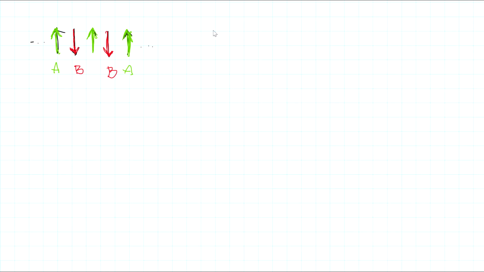So basically, our A only interacts with B. A does not interact with another A. Let me draw A. So there is no interaction with A. There is interaction with B, B with A, and so on. And there is no interaction B to B. So we have only neighboring interactions and ignore A to A and B to B.